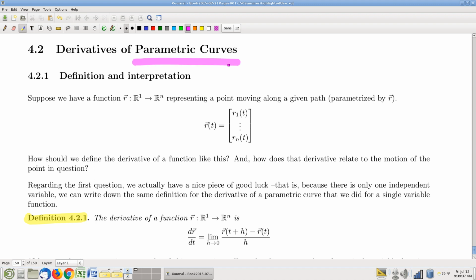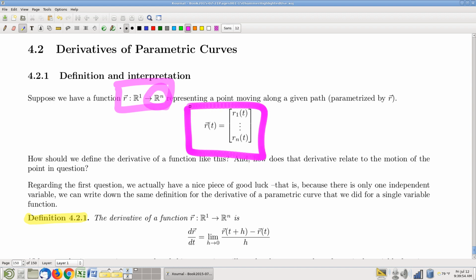If you want to talk about a derivative of a parametric curve, let's, for the record, note that this kind of function is not traditionally what you see in a single variable calculus class as a single variable function, because there are multiple output dimensions, right? You've got position as a function of a single input variable, time.